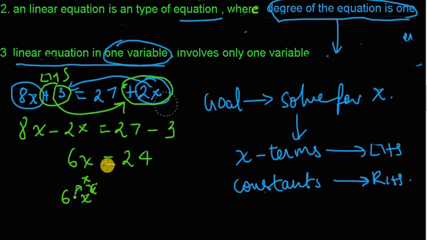When you are doing multiplication with variables like x, this into and x will confuse you. So we will represent such things as dots. Okay, so 6 dot x means 6 into x. That is what that dot is representing. So 6x is nothing but 6 into x. So 6 into x is equal to 24.